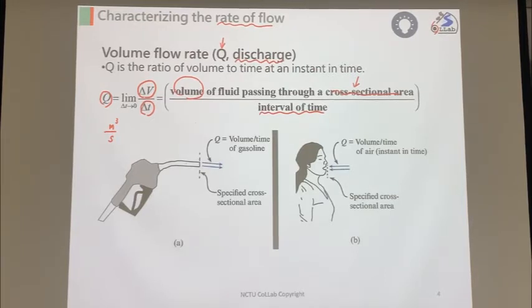For example, with an oil supply you can control the hole size and get a different discharge flowing out, and with your mouth you can control the mouth size and the air exchange rate.